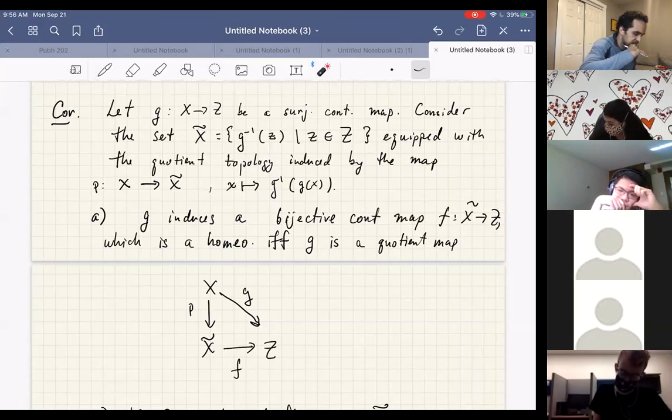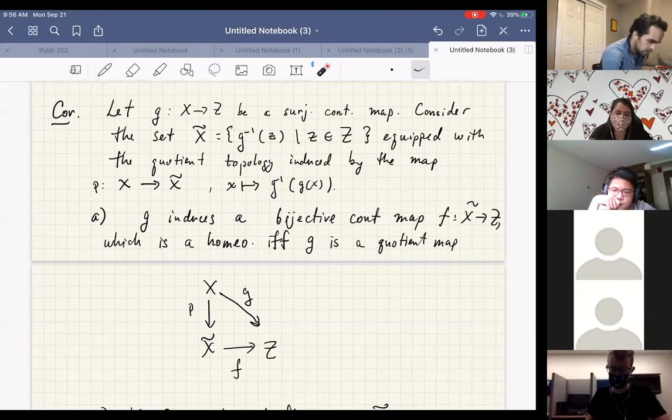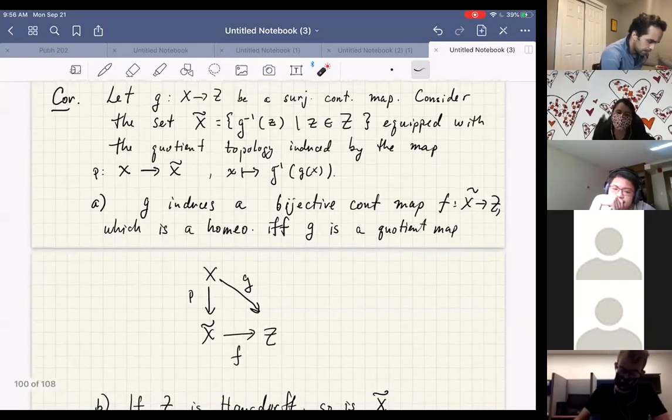If X tilde is a set of equivalence classes, because you've partitioned your space X in the way of inverse images of little z's.